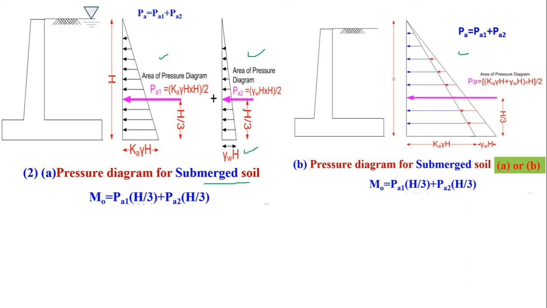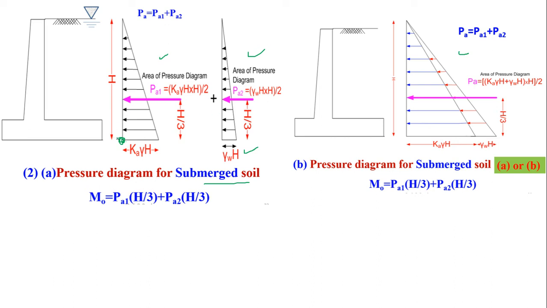Okay, so Pa1, Pa2, and the moment: how we calculate the moment of both forces we need to consider. So Varignon's theorem, hope you remember: the moment of the resultant force about any point is always equal to the summation of moments of the component forces about that point. So the same thing we are going to use.